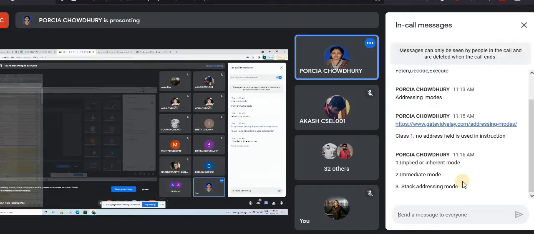These 3 will fall under the first class: no address field is used in instruction. The classes are very important. If you can remember this, then it is very easy to remember these 3: implied, immediate and stack. Let me tell you about them.